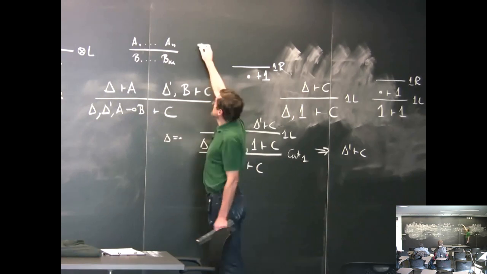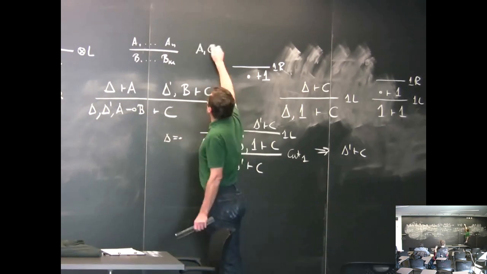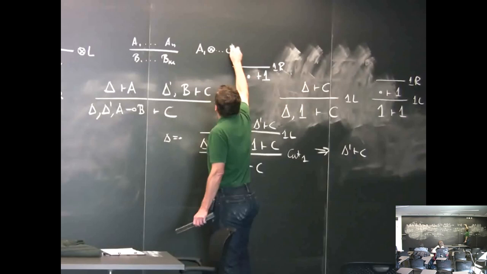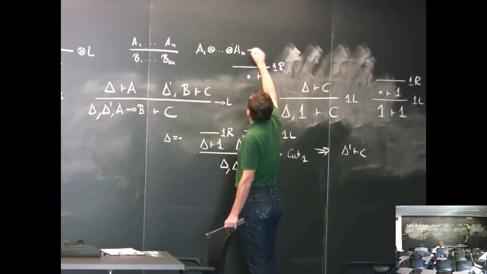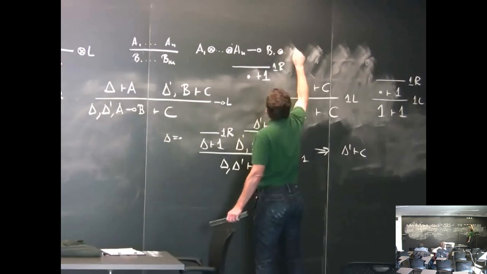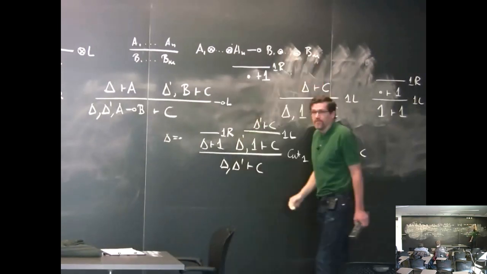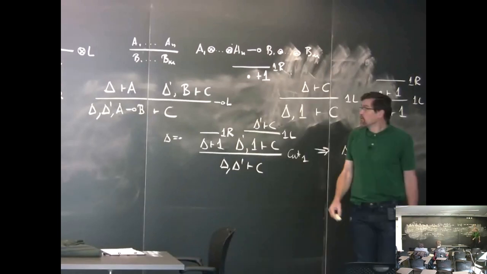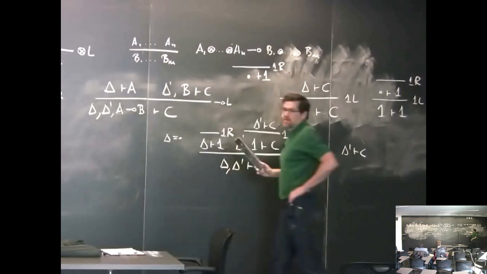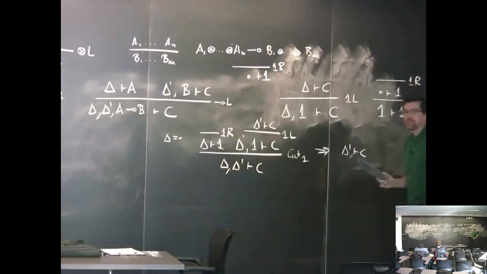These premises have to be true at the same time, in the same state. So A1 tensor through AN implies B1 tensor through BM. So we can take any rule like that and express it instead as a proposition in the logic, because we now have enough connectives to do that.